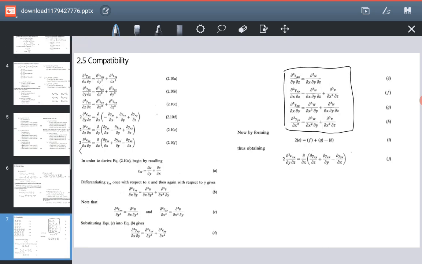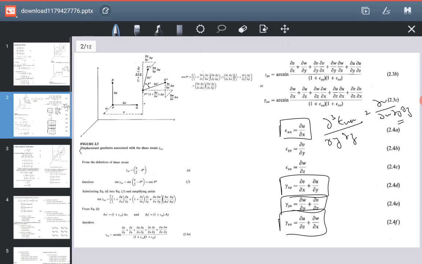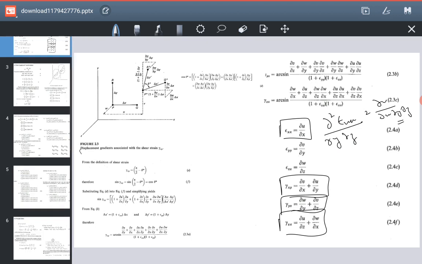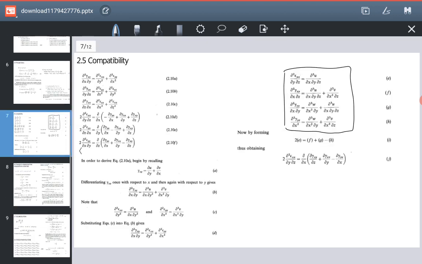Sorry, this is not cube, this is square. So if I double differentiate this with respect to y and z, I can actually get this expression right here. So let us derive this also.